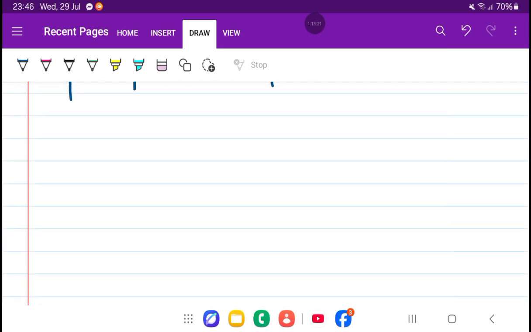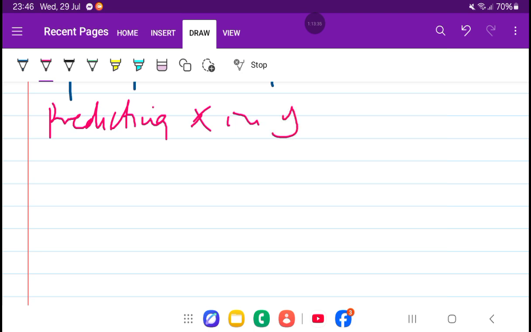So we substitute this in the formula. And of course, we are going to look at predicting x on y. This means that we are going to have the equation as x equals a plus b y. That will be our equation.